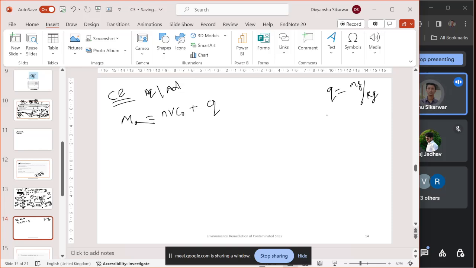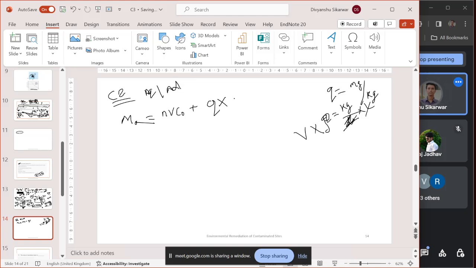How can we calculate that? If we know the bulk density of the soil, so it will be density. What is the formula for density? Mass divided by volume, kg per liter. If we know this value, in kg per liter or meter cube, and we multiply it with the volume of soil, we will get the weight of the soil, and if we multiply that weight of the soil with Q, we will get how much contaminant is present.